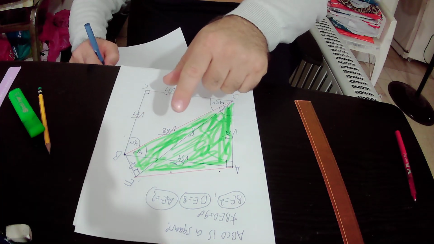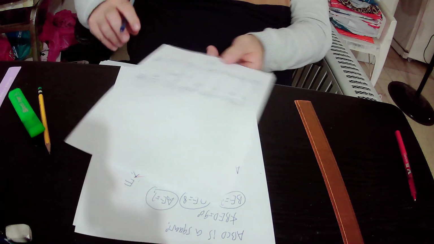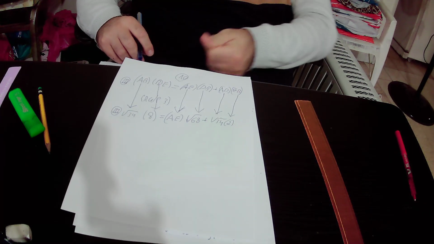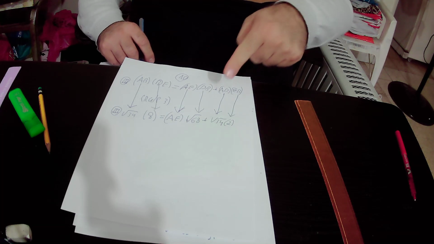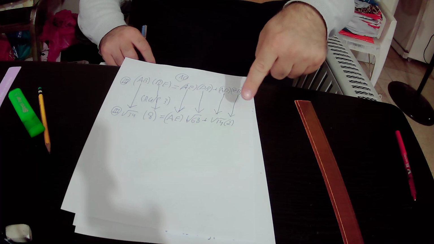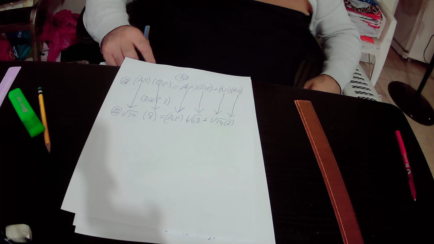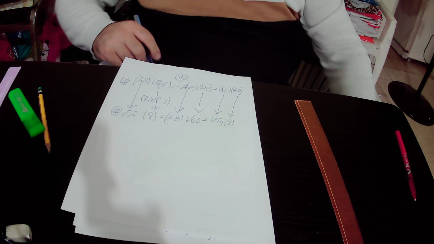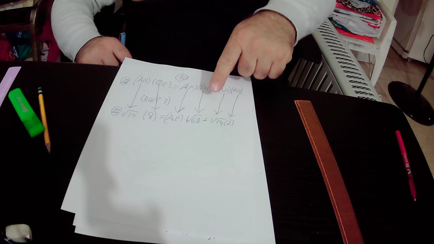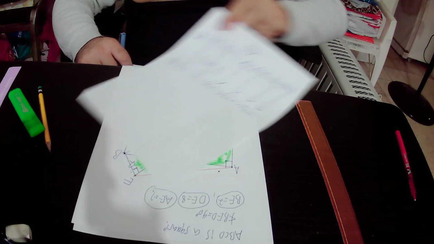It is given to us in the question that EB equals 2 units. I'll repeat again. AD equals square root of 34 and BE or EB equals 2 units. It is given to us in the question. So here we have square root of 68. 68 is 34 times 2, so I will write it down.